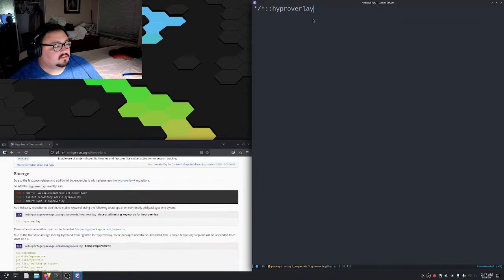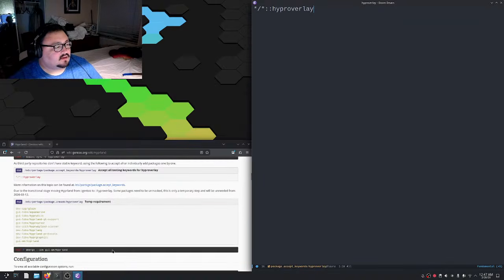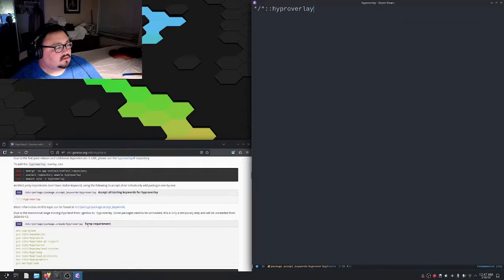I would assume that's why they have accept keywords, to accept all keywords in the hyprland overlay so you don't get a mask. Masked packages are packages you cannot install because they're either incompatible or not stable enough, but they're easy to unmask, as they say. All right, moving on.